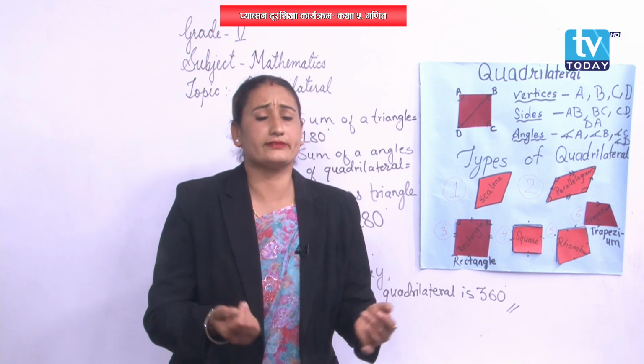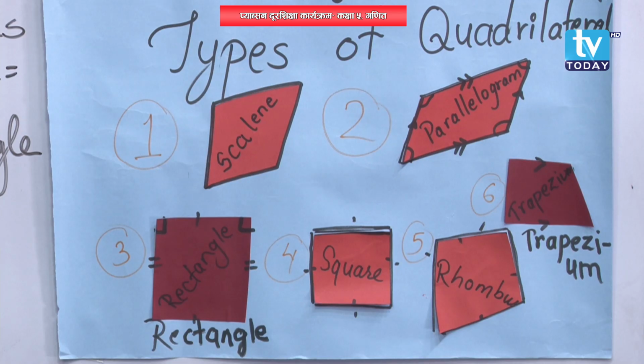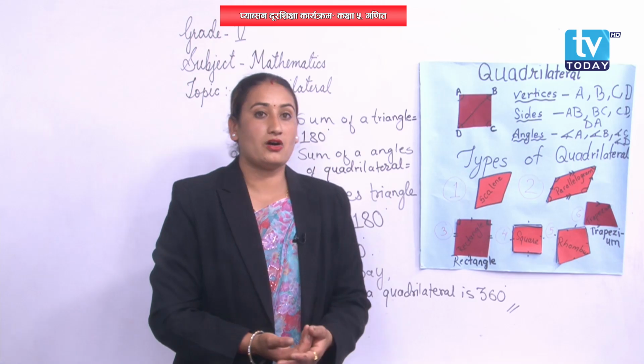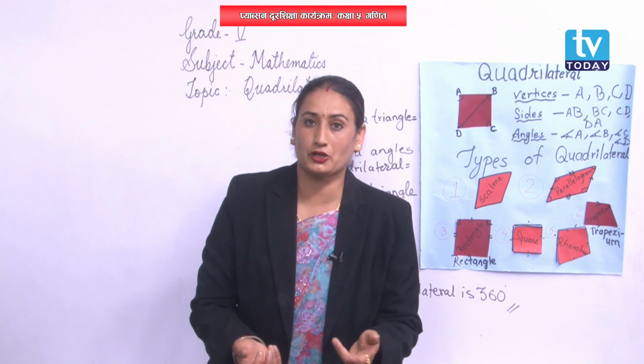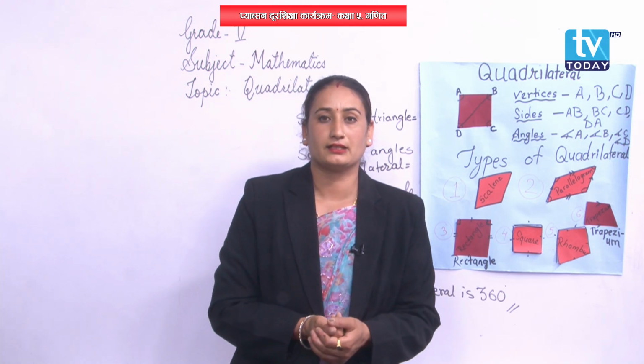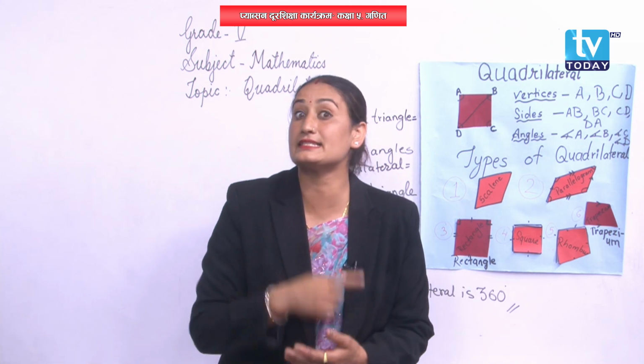Square, all the sides are equal and angles having 90 degree. Okay, then rhombus, just like your kite, all the sides are equal but none of the angles are 90 degree.